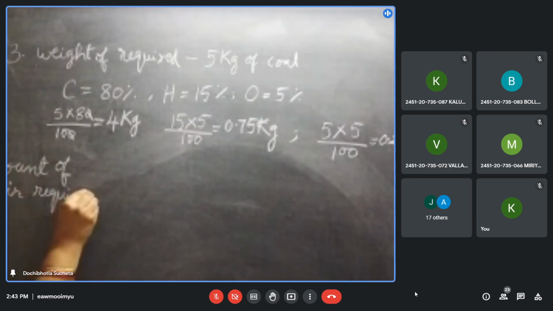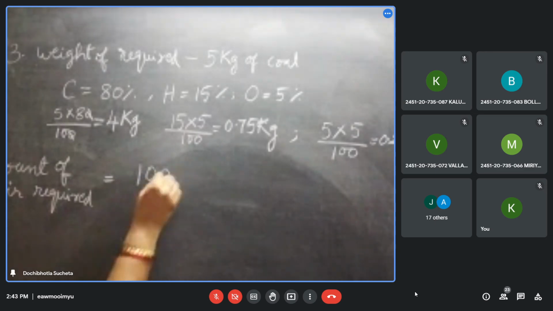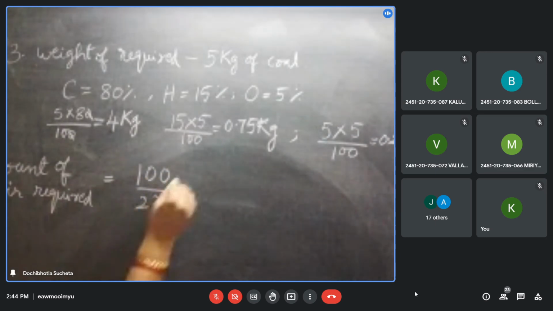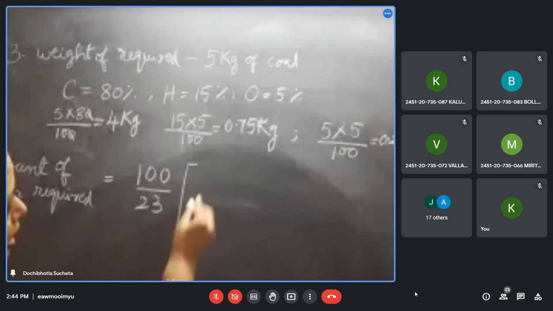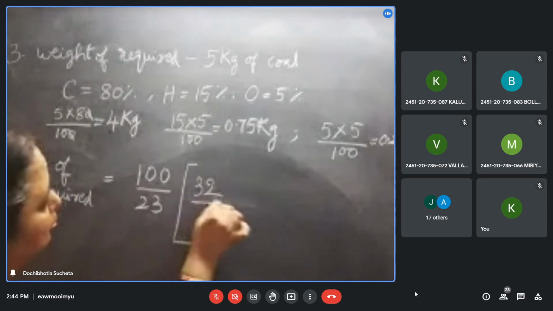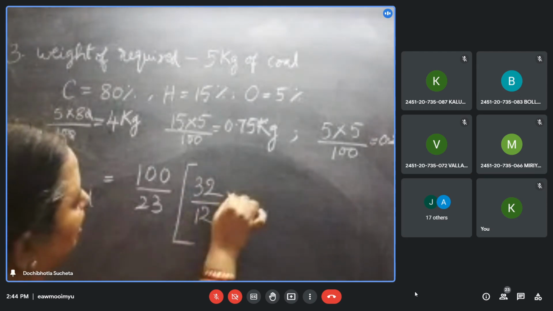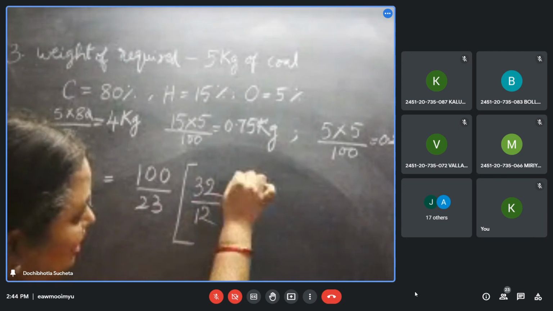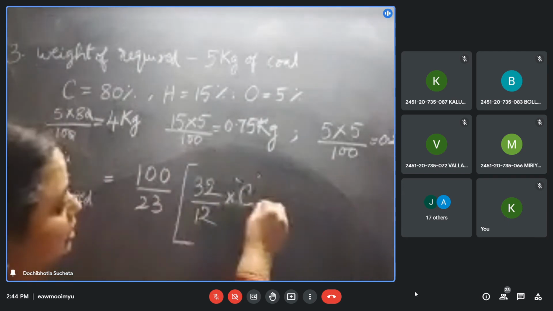is equal to, I'll get back to the formula, 100 by 23 into 32 by 12 into carbon. This is not in percentage, this is weight.